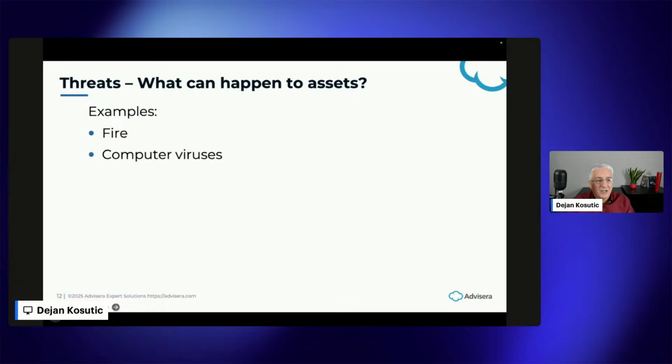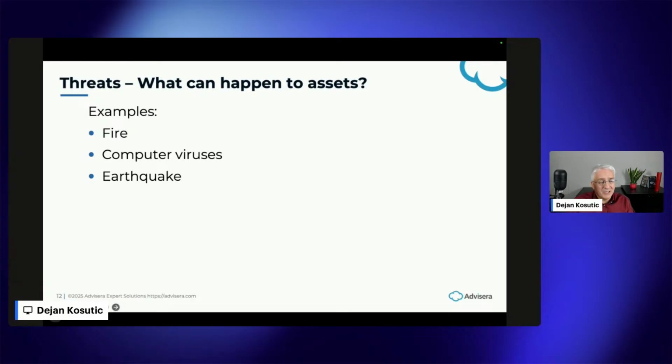Computer viruses are obviously related to your software, to your databases. Again, if you don't have antivirus software, then a virus can take advantage of this vulnerability and damage your asset. Earthquake can be a threat related to your physical assets like offices, people, hardware, and the related vulnerability could be lack of business continuity plans.